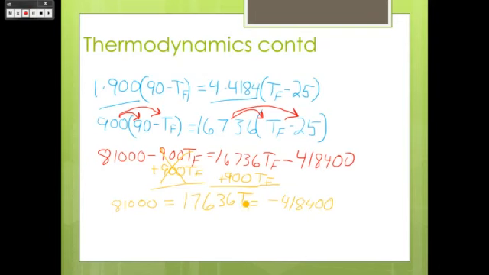So ultimately I'm trying to get my TF by itself. So to do that now, I'm going to do the opposite of this subtraction, which then gives me 499,400.